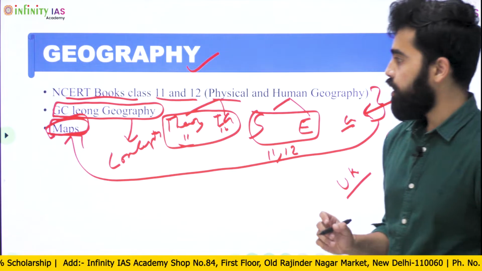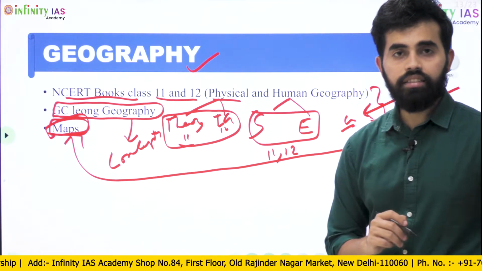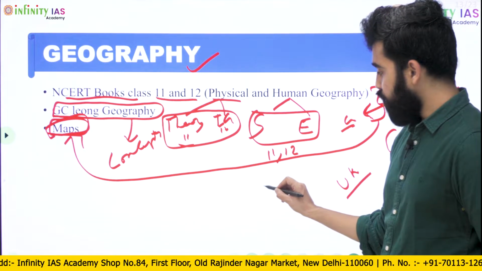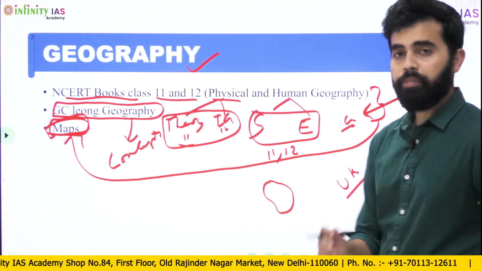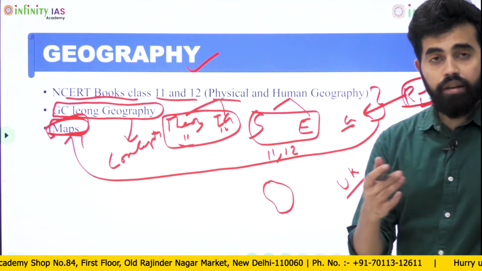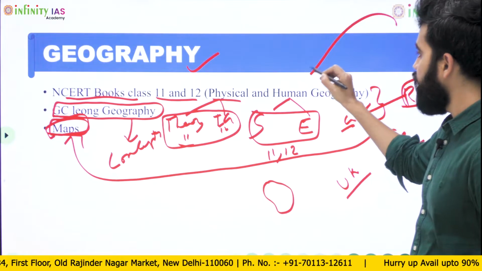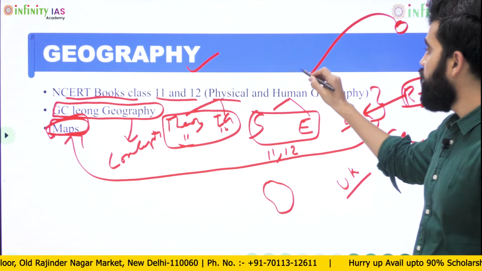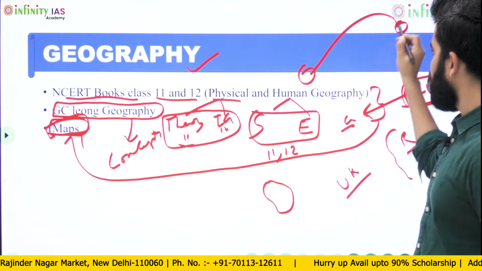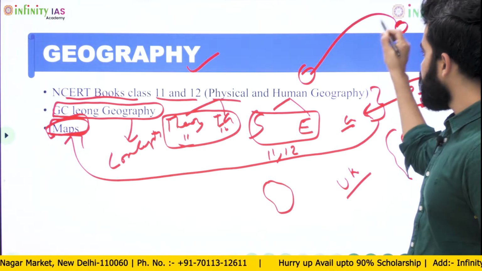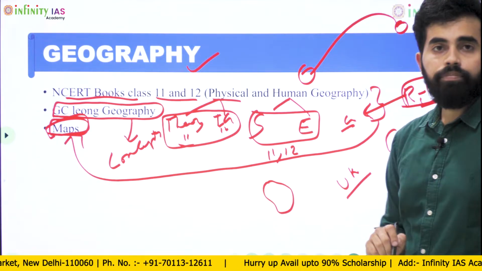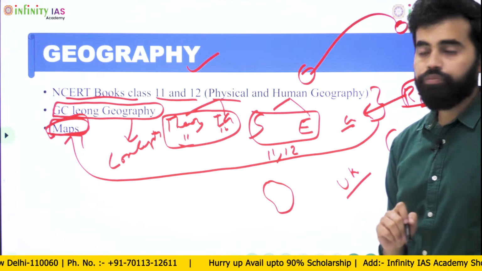For example, there will be direct questions asked about the bordering states of a particular state, or questions about how many states one has to cross when one travels from Meghalaya to Tamil Nadu. Such questions need a thorough understanding of the geography of different states as well.